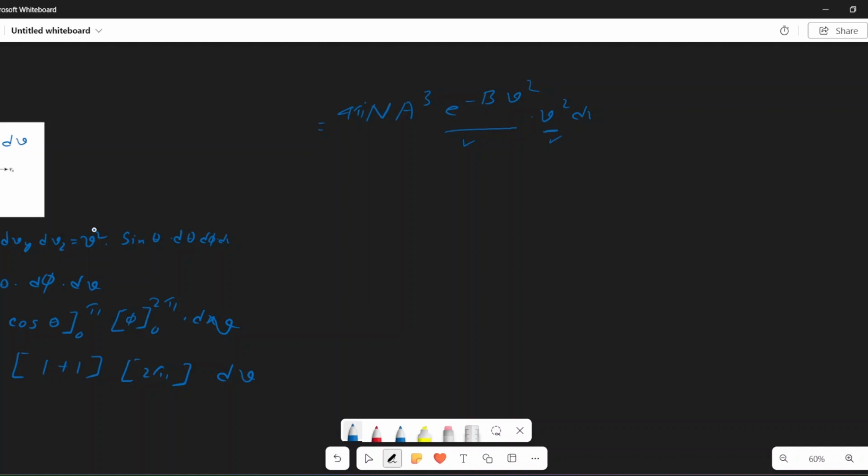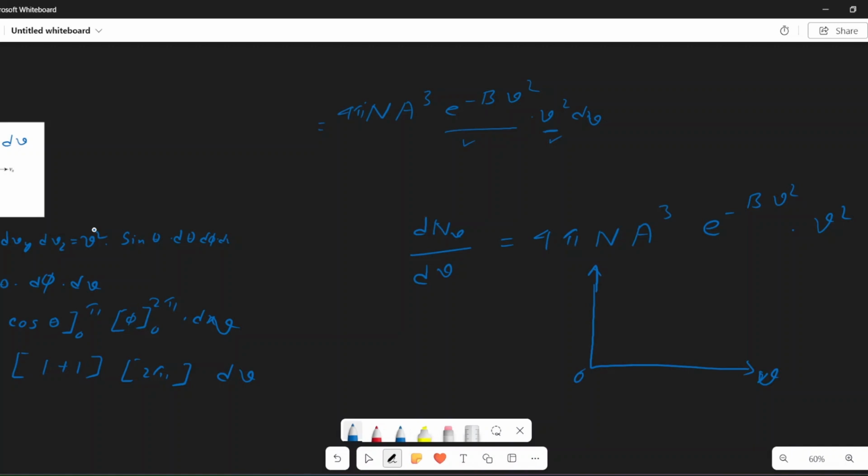But to find this, we have to write an expression for dn_v by dv. That expression is 4 pi N A cubed e to the power minus b v squared times v squared. Now draw this curve. This is the region, this is v0.